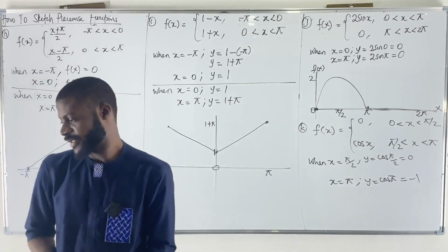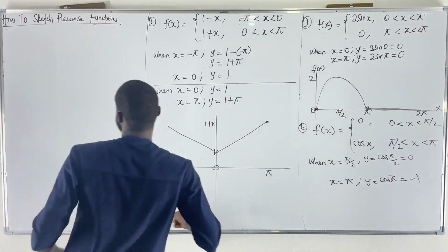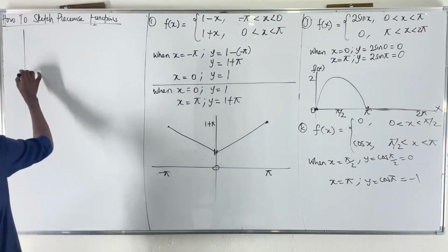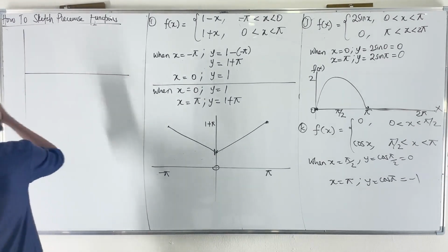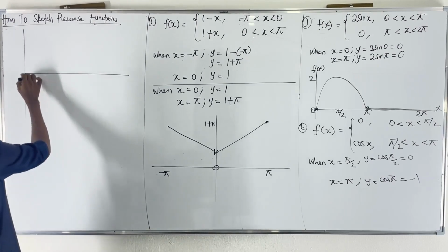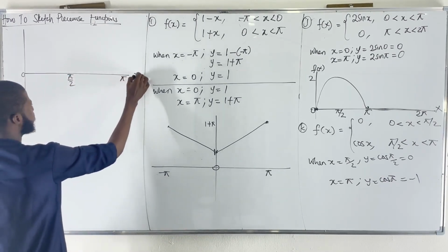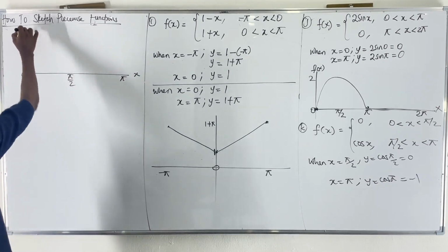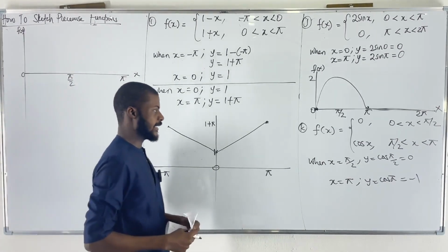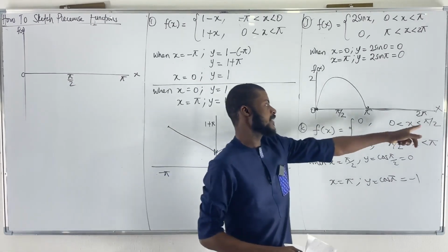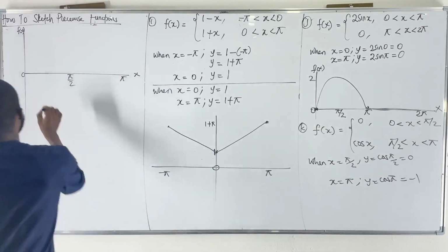Okay, so let's plot this. We have 0, and then pi over 2, and then pi, and this is x, this is f of x. From 0 to pi over 2 was a flat line at 0.